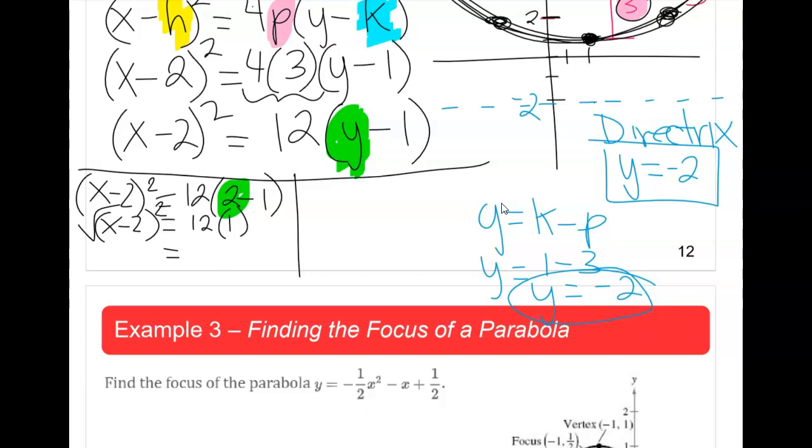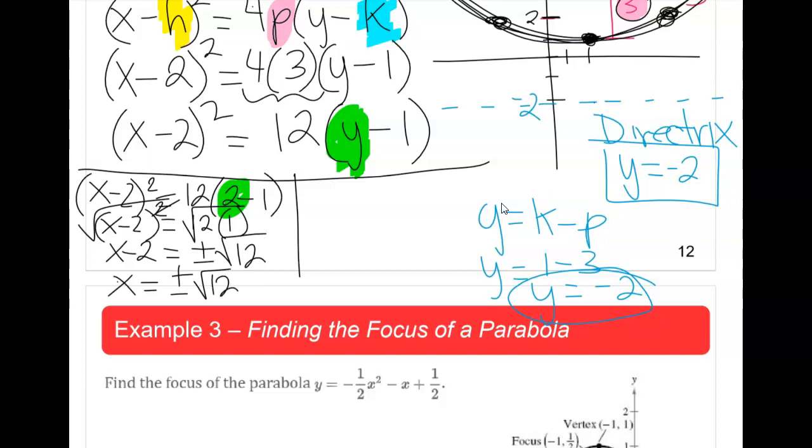I'm going to take the square root on both sides. And so here we'll cancel. So I will have x minus 2. Here we will have plus minus the square root of 12. And then if I want to solve for x, I will have to take that negative 2 across. So then I will have plus minus the square root of 12.